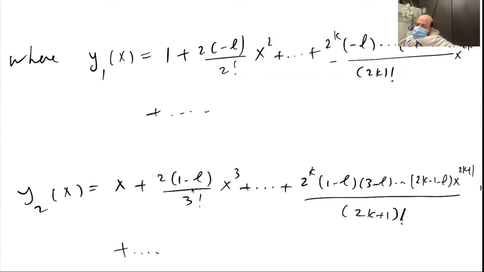So this is a series, this is a series. But once I assume L is a positive integer, one of these two will become a polynomial. Let's see why. So L is a positive integer, so it's either an even number or it's an odd number.